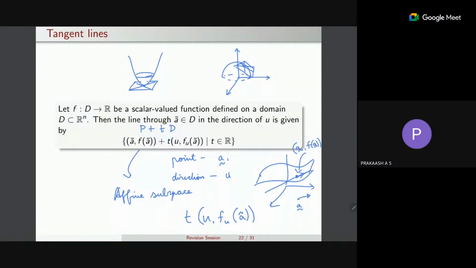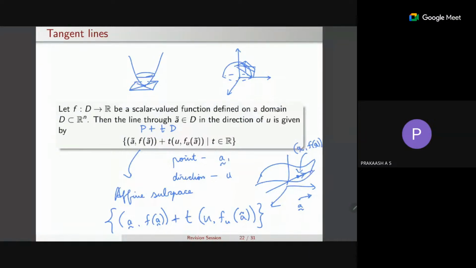This gives you a linear subspace, and you translate that by a tilde, f of a tilde. The set of all such points gives you the tangent line at that point in that direction.